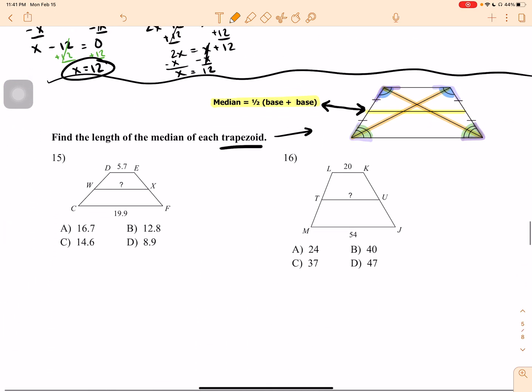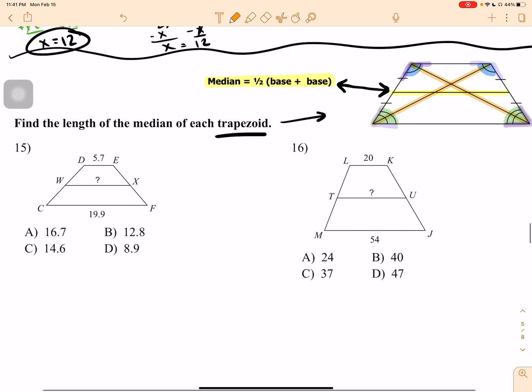All right, so now we have a trapezoid. So this one is asking us to find the median. The median is that middle line right here across the middle of the trapezoid. So we have a formula. The median of a trapezoid is equal to 1/2 times the base plus the base.